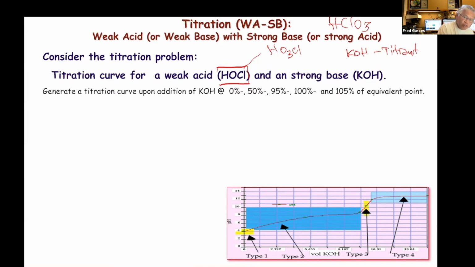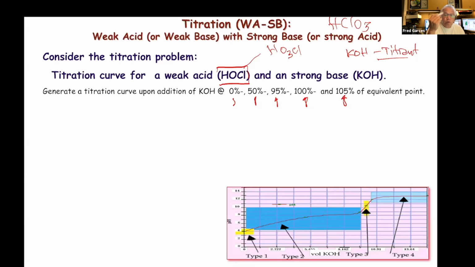So the first question that you will usually see is that, okay, we're doing a titration. You know what the titrant is, it's a strong base, and you know what the analyte is, it's a weak acid. And I need to get the pH values at 0%, 50%, 95%, 100%, and 105% of the equivalence point.